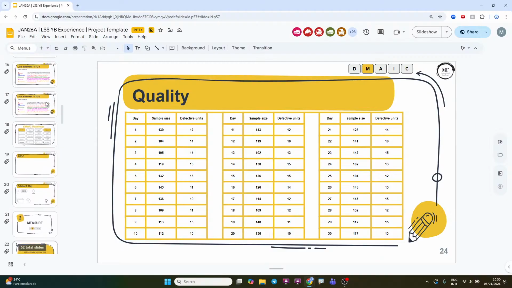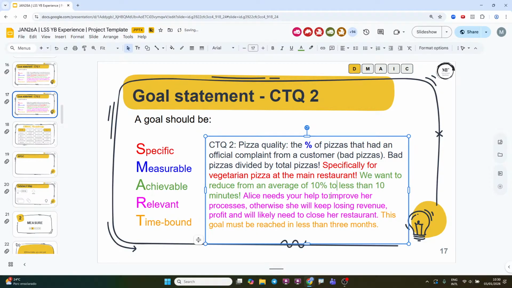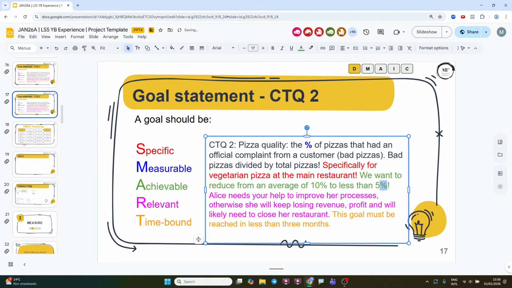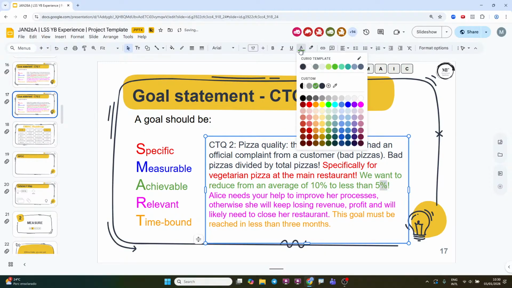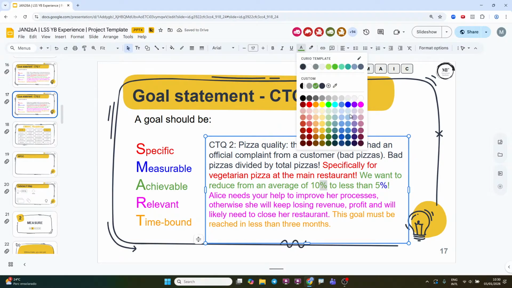Yeah, we'll learn that average may be dangerous. We want to reduce from an average of 10% to less than 5%. And then see that percentage is also measurable.